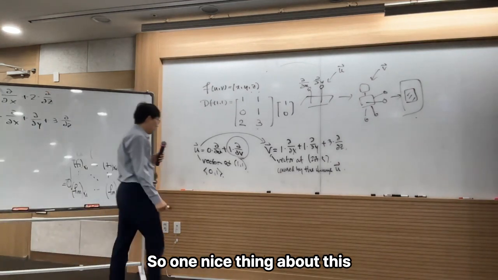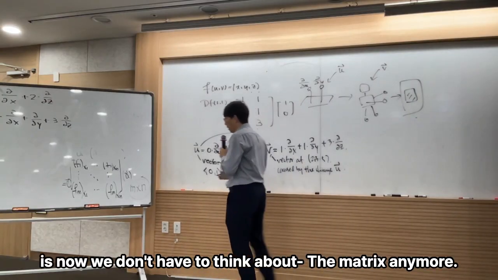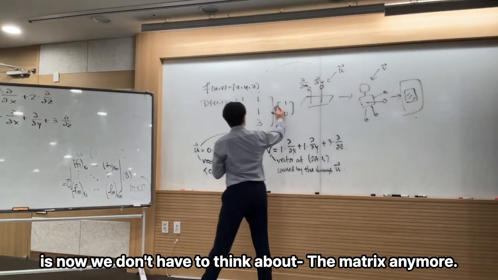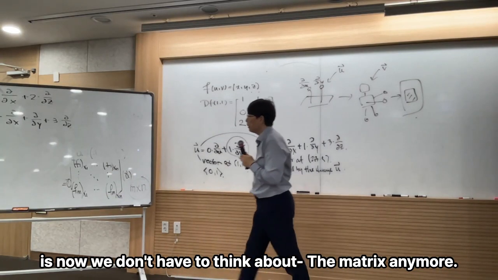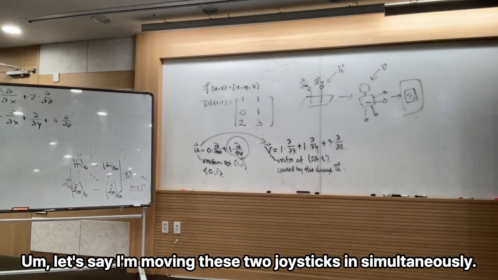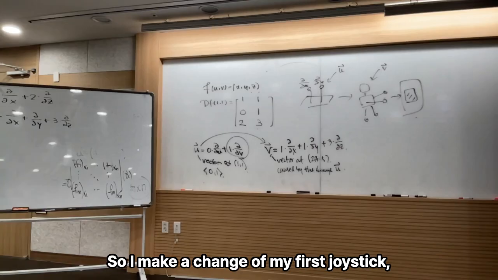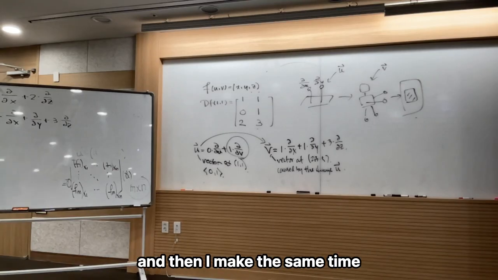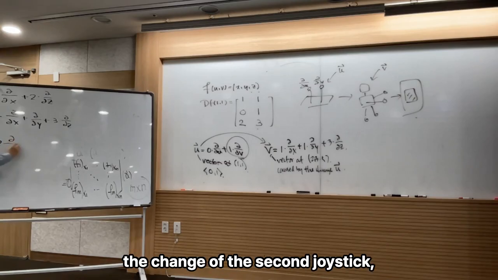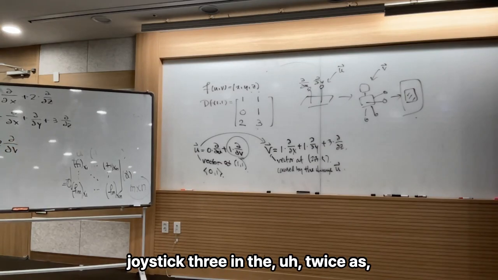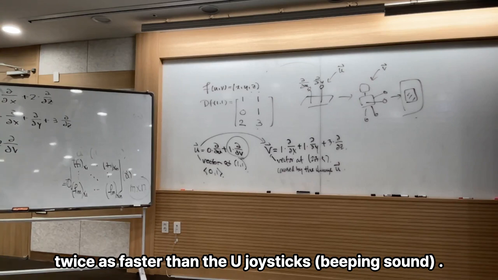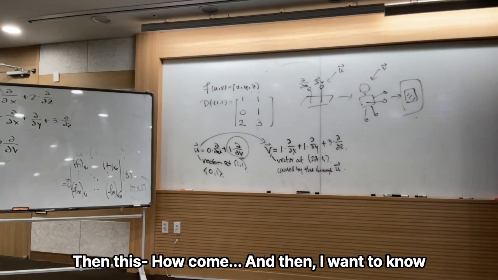What's nice about this is you don't have to think about the matrix anymore. Let's say I'm moving these two joysticks simultaneously. I change my first joystick, the U joystick, in one direction, and at the same time I change the second joystick, joystick V, twice as fast as the U joystick.